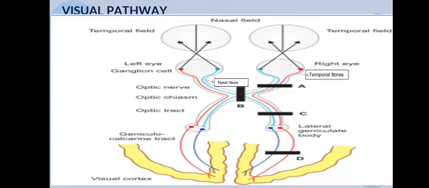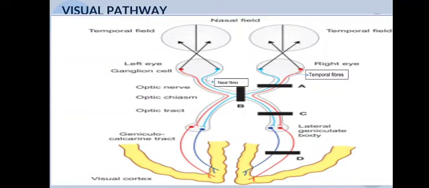Here we can see the light from the temporal field is reflected onto the nasal fibers. These nasal fibers cross, which is known as the optic chiasma, and form the optic tract and the lateral geniculate body, and finally reach the visual cortex.